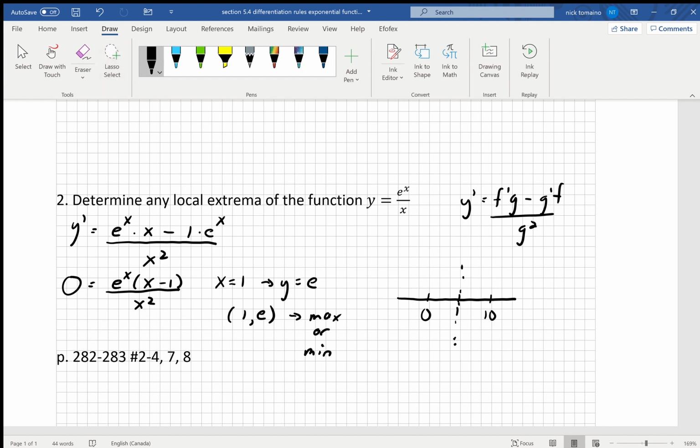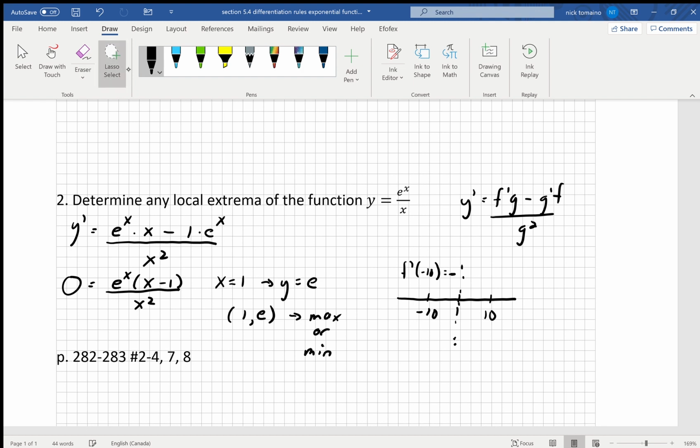0. No, we're not going to plug in 0 because we have a denominator of 0. Let's go negative 10. If we plug in negative 10, e to the negative 10 is still a positive number divided by a negative number, so the first derivative is negative.